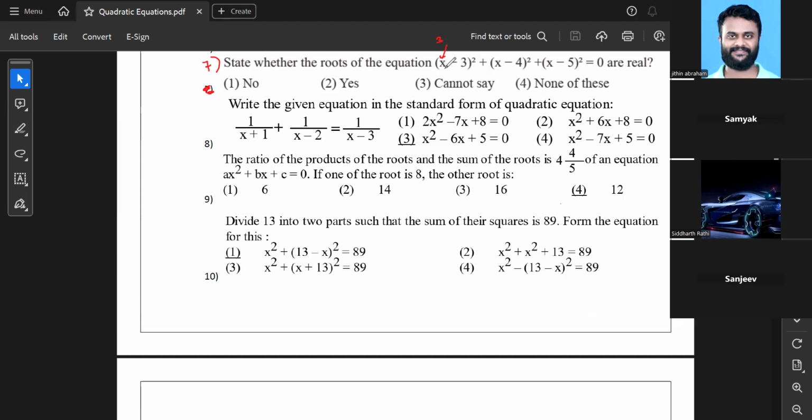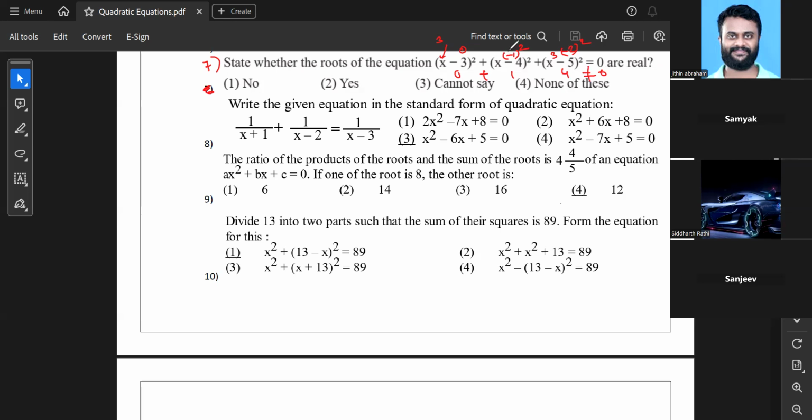If x is 3, you will say 3 minus 3, this is 0. But what about this? 3 minus 4 will become minus 1. Minus 1 square becomes plus 1. Here I get 0, here I get 1. Here 3 minus 5 becomes minus 2. Minus 2 square gives you plus 4. So that answer is definitely not equal to 0.